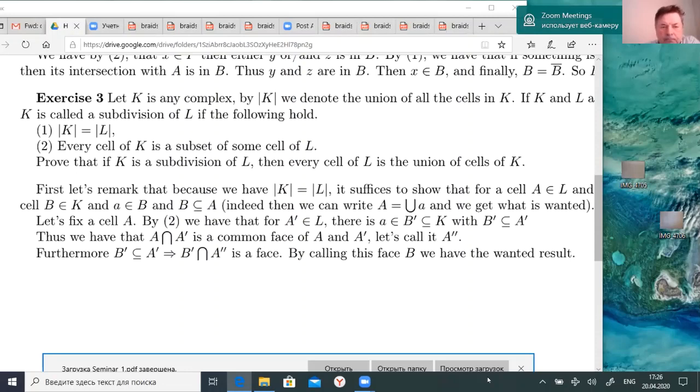Because we can just write A as a union, and we will have a union of subcells in K.